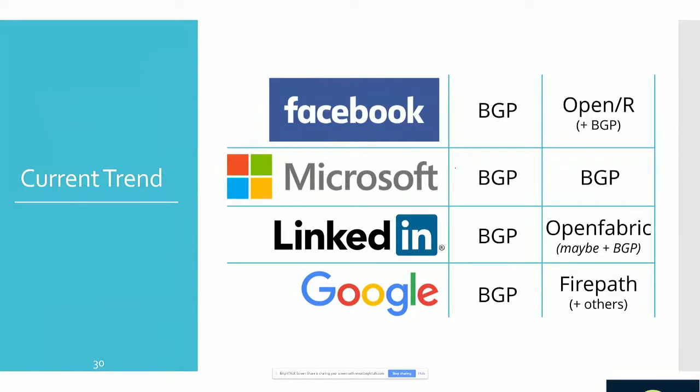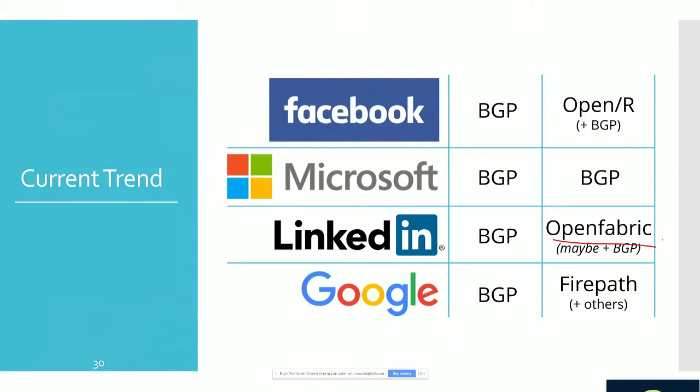So what is going on in the world right now is you're seeing Facebook. They did a paper on something called OpenR, which, by the way, they should have an RFC draft out for at some point, according to the people I know at Facebook. They are also using BGP, but they are using OpenR in parallel with it. Microsoft seems to be sticking with BGP for right now, although there are movements towards other things.